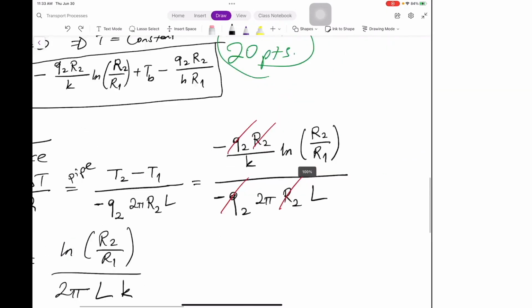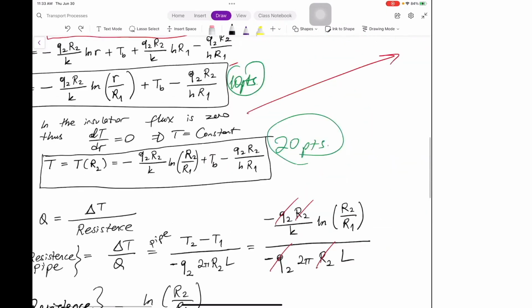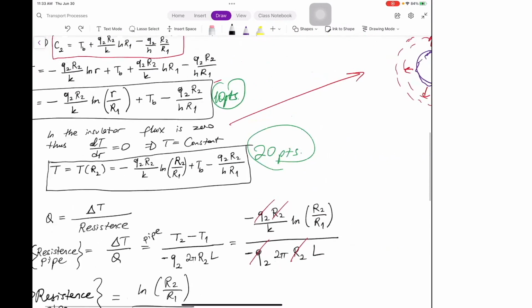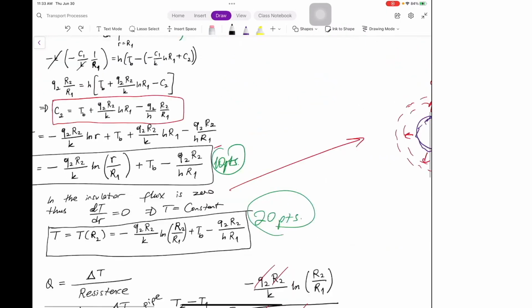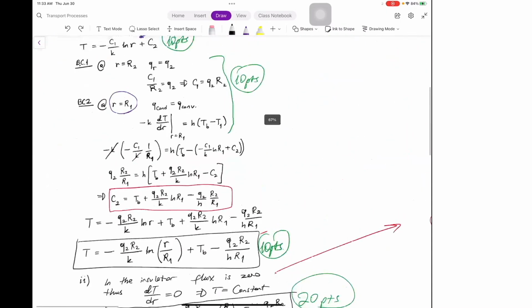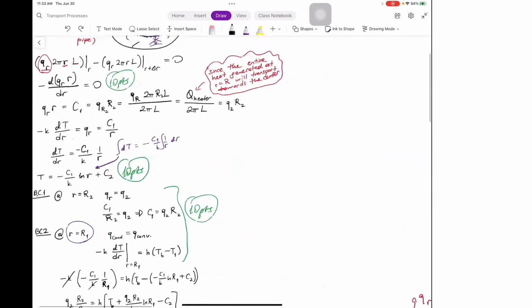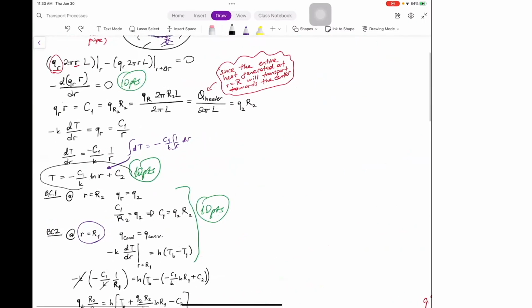Okay, so from here, if you solve, T2 minus T1, you can calculate this from here if you like. The T2 minus T1 is nothing but minus C1 over K times ln R2 over R1.